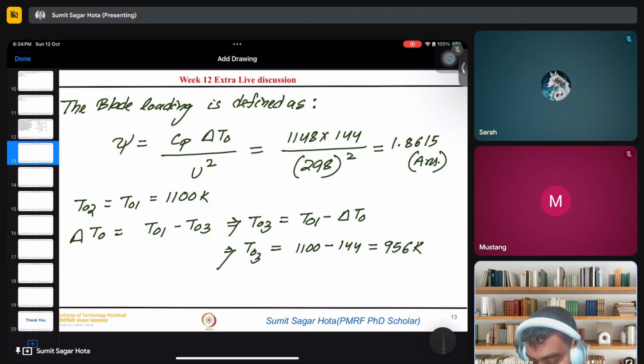So now we have T03. That means we can now calculate the isentropic efficiency of the turbine between T01 and T03.